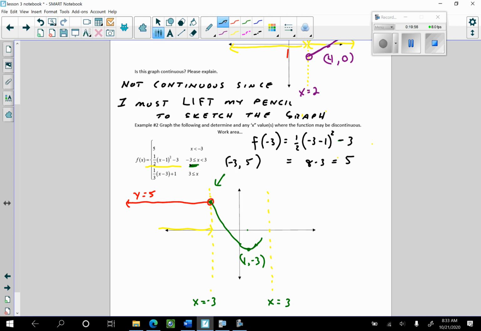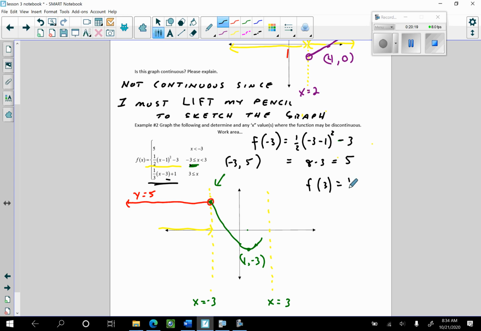But if I go f of 3, 3 is in this piece, so I have to use this bottom piece, because x is greater than or equal to 3. So I'm going to put 3 into that, and look what happens.